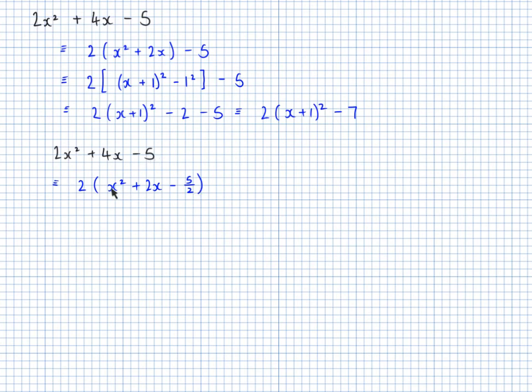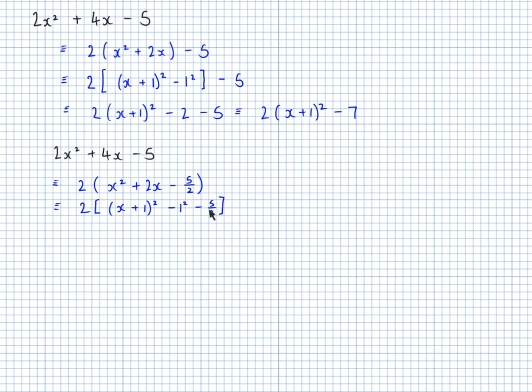Now what we do is we complete the square inside here and then multiply the 2 to that. So again I'm going to use square brackets for this bracket and that bracket. So this is going to be 2 square bracket x plus 1 squared take away 1 squared, take away 5 over 2, and close the square bracket there.